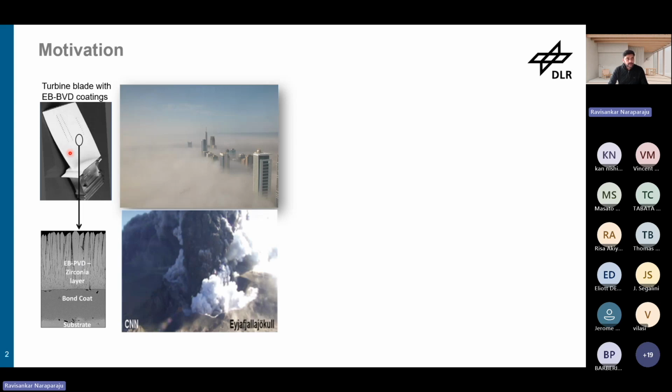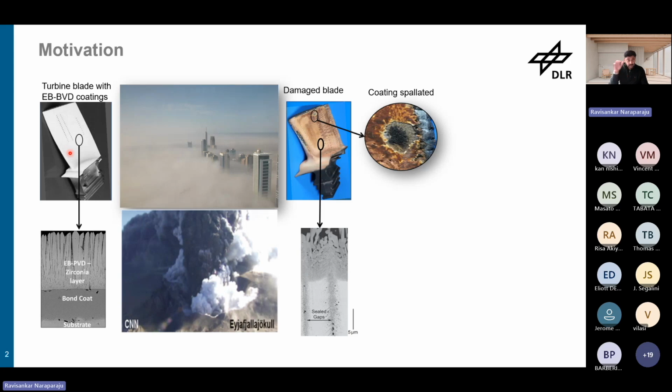Then there are environmental effects such as dust, sand, and volcanic ashes in the atmosphere. If you happen to fly through those clouds, or if your engine takes in a lot of dust from those environments, then these beautiful freshly coated TBC blades will look like this in some areas.